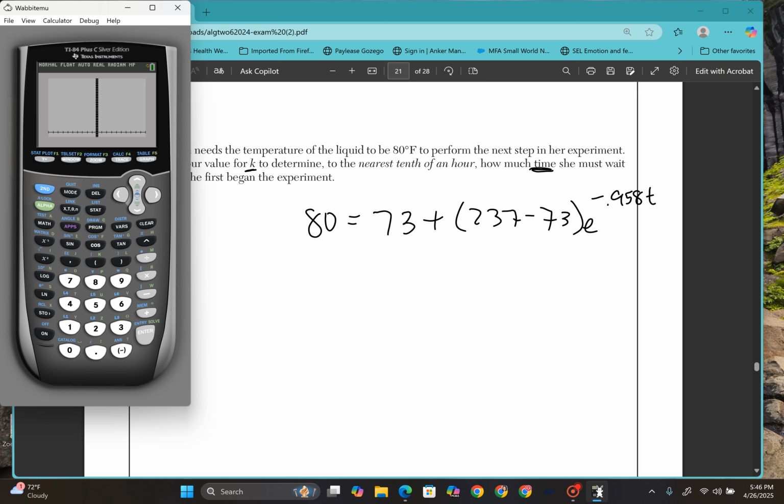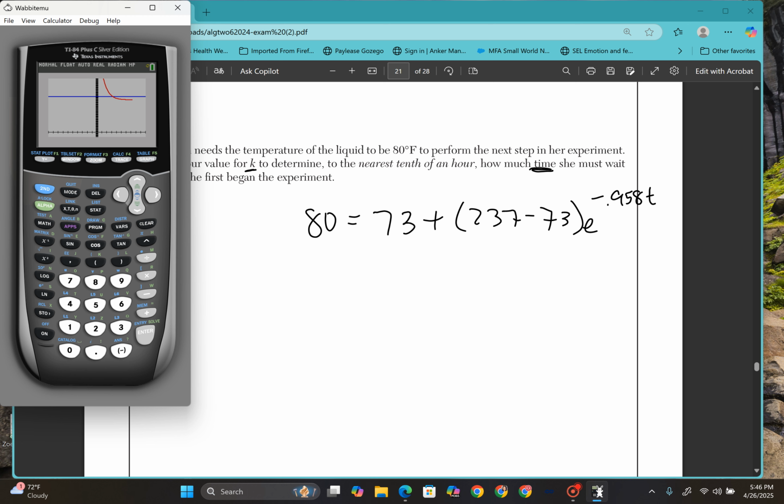So 80 is going to be a straight line whenever it feels like it. Did I not plug in the 80? Oh, I did 802. You see, I knew something was wrong. 802. Okay, so now I'm going to see my straight line for 80. I'm going to see my function in red, and then I'm going to look to see where those two things meet.